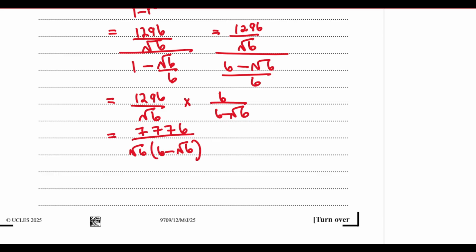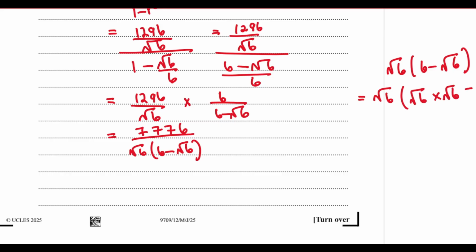Okay. Multiply. No, don't multiply the square root 6 in. Factor out. So we have that. What is 6 equal to? Square root 6 times square root 6.